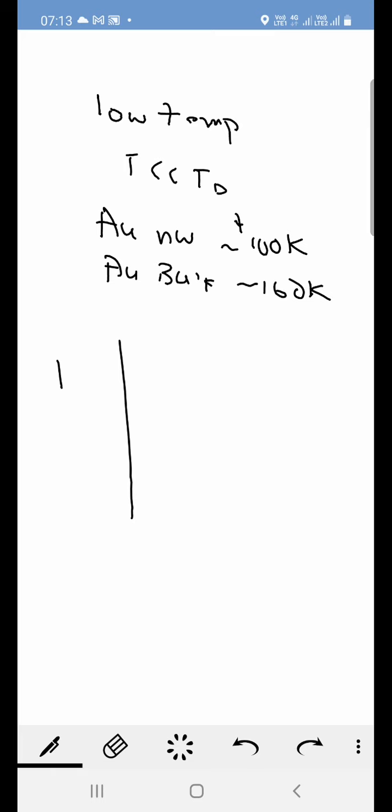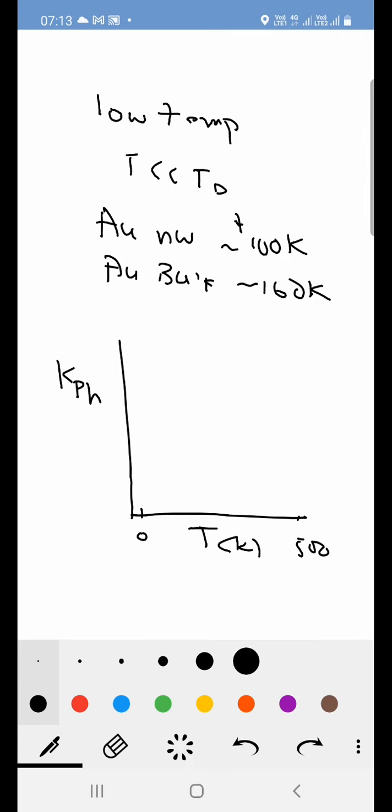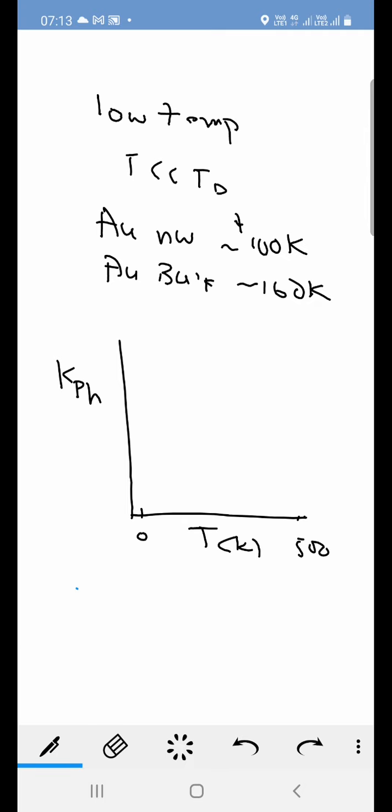Now, plotting again the phononic conductance with respect to temperature expressed in Kelvin, say from 0 to 500. So we see the following shape of the plot. It increases with little undulations. So not exactly like this, but it basically tries to attain a constant value.